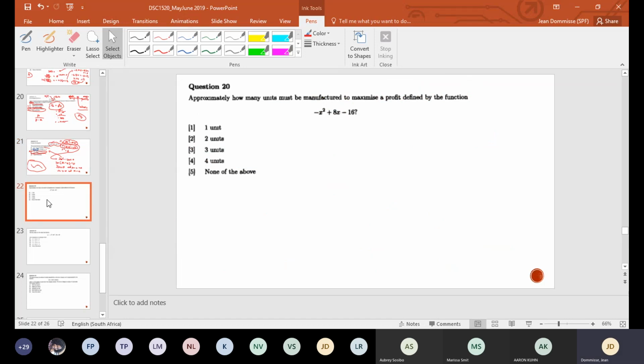Okay, so let's finish off with question 20, and let's look at what they are asking us. Approximately how many units must be manufactured to maximize a profit defined by the function? Okay, cool.